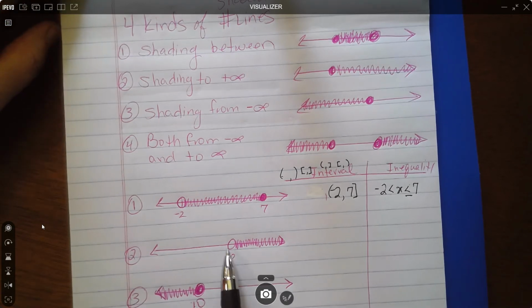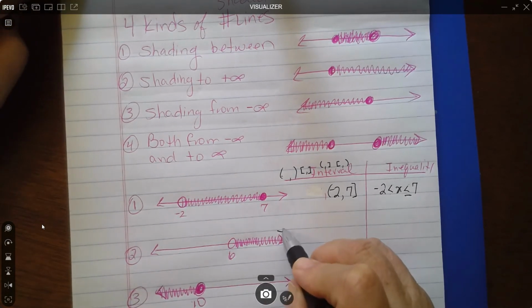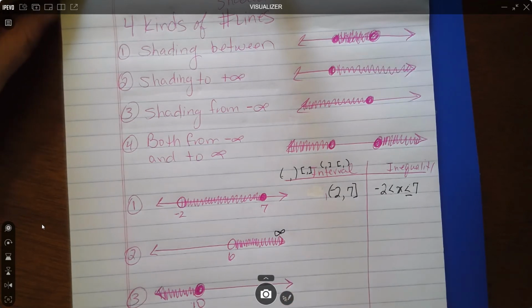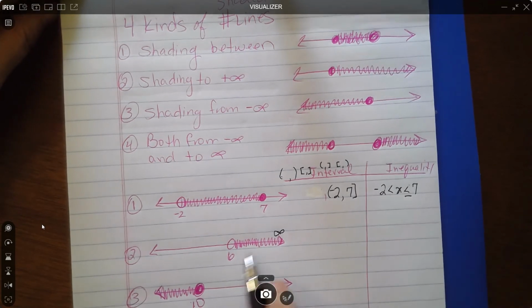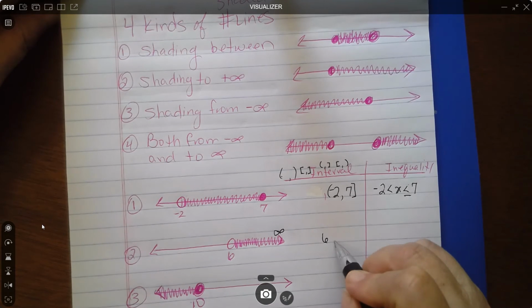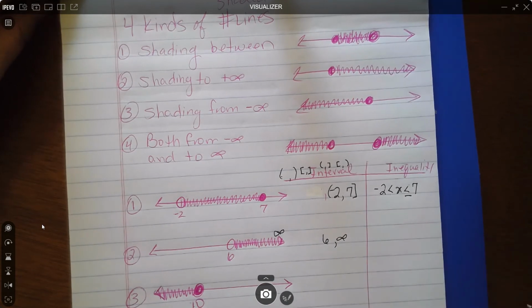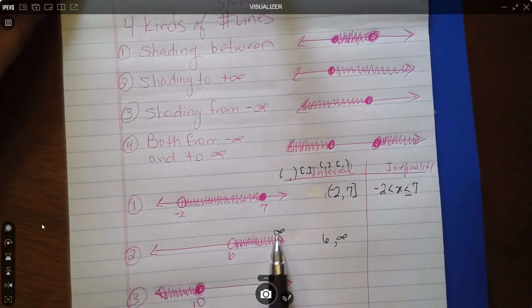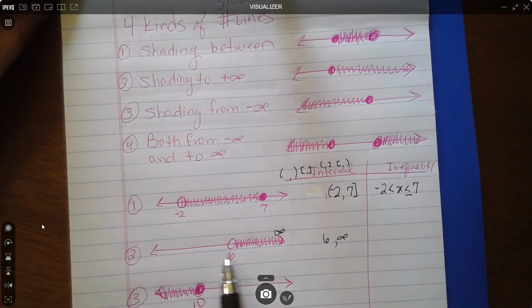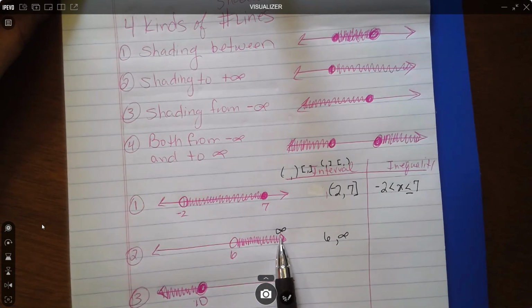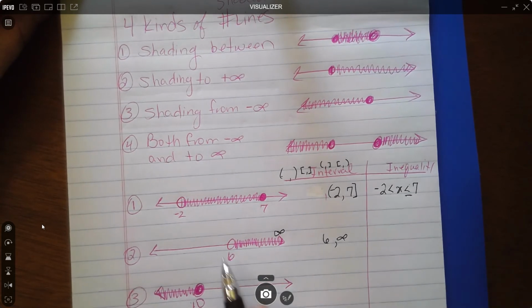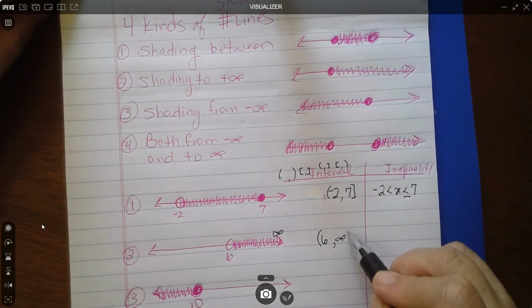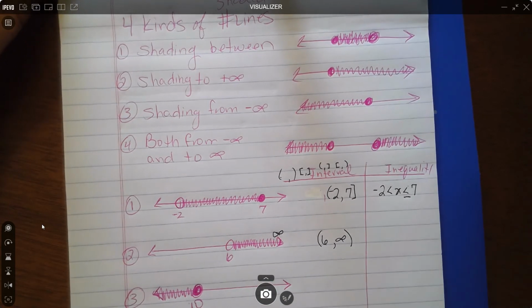When you have a starting place and it goes to infinity, you're going to write that down exactly, 6, infinity. And it should always be in that order. The number on the left goes first, and then the infinity symbol, because that's the number on the right. Since this is open, you get a parentheses. Infinity always gets a parentheses.